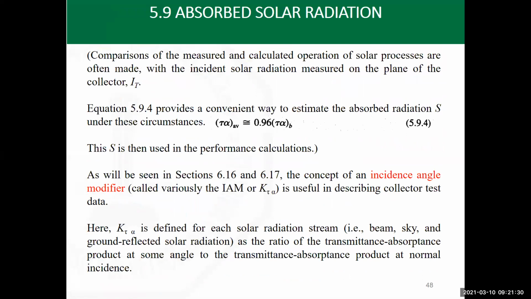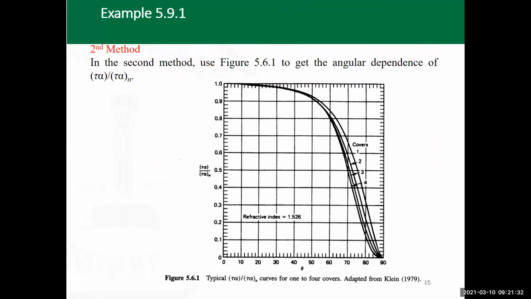For example, the figure here is talking about the effective value of theta and providing us with tau alpha over tau alpha n. We use this equation for the determination of the ratio of tau alpha over tau alpha n for the case of diffuse as well as ground reflected radiation.